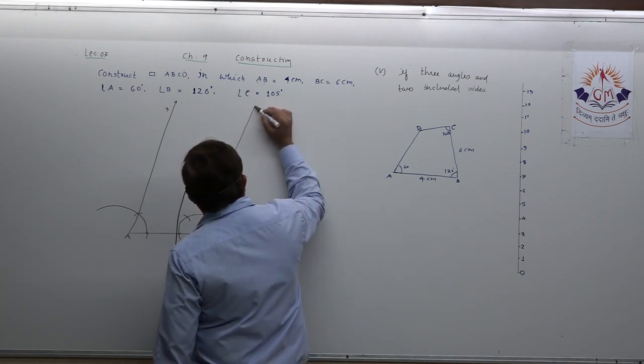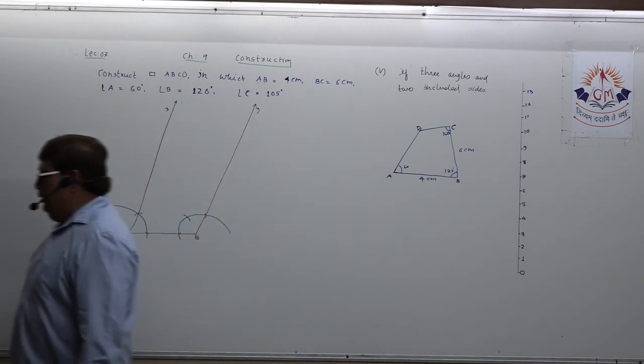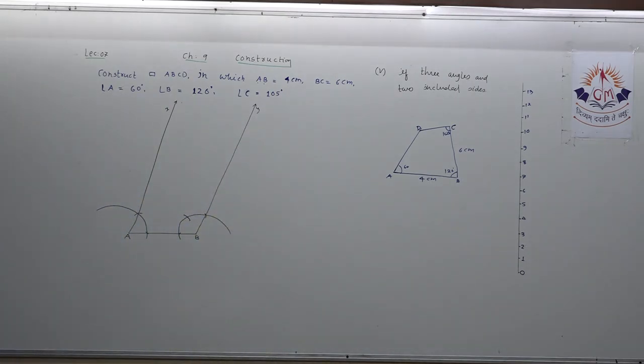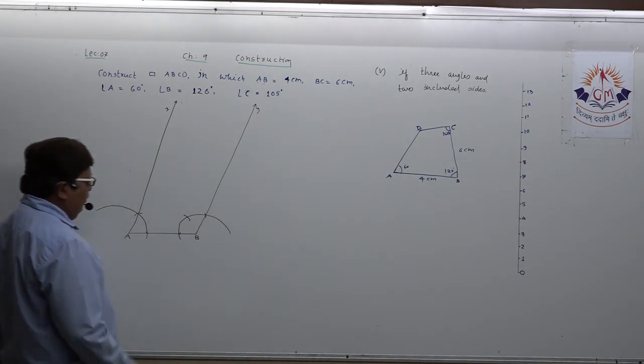This another ray is drawn to ensure that angle B turns out to be 120 degree. Is it clear in your mind?